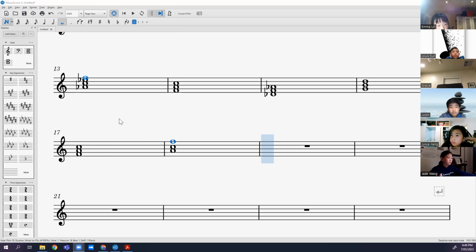The spaces between each note are constant. That's a third, and that's a third. The distance between them is both thirds. So when you see something like this, you think, hold up, that's not right. That's a third, but that's a fourth. So it's definitely not root position.